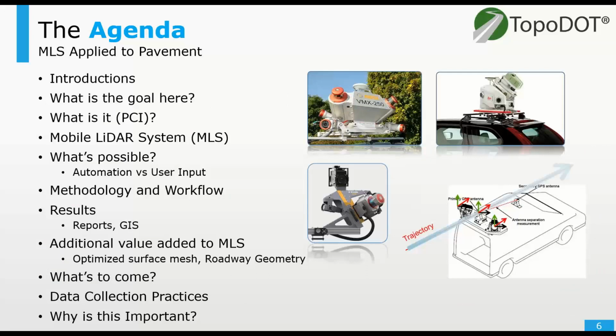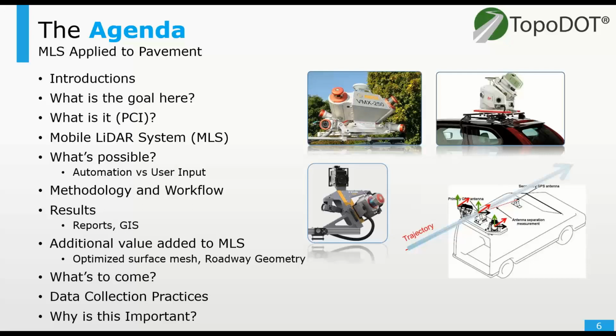All right, so just a first quick look at our agenda. I'm going to give a brief introduction, and we're going to get into what's the goal of this. We're going to get into some standardization and what that looks like, and the terminology associated with it. What type of distress information can we pull out?